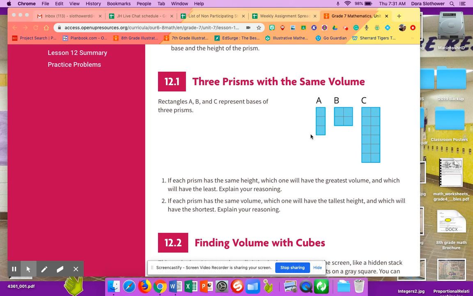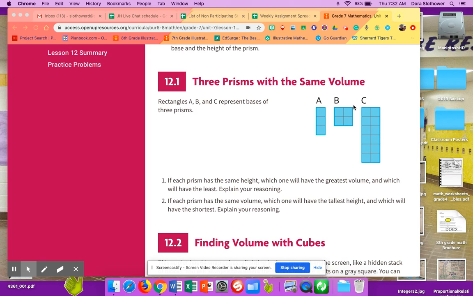For problem 2, if each prism has the same volume, which one would have the tallest height and which one would have the shortest height? Well, if they all had the same volume, I'm trying to think of something that 3, 4, and 12 all go into, and I'd say 36. So if I did 36 divided by 12, I would find that the height of C is 3.